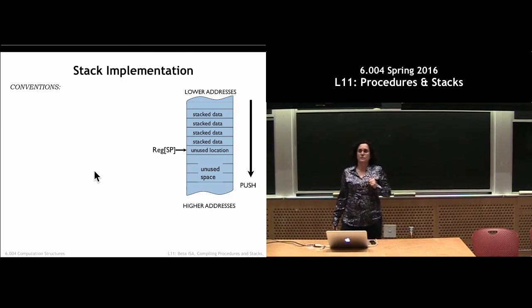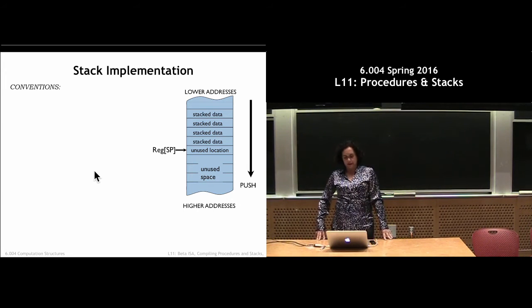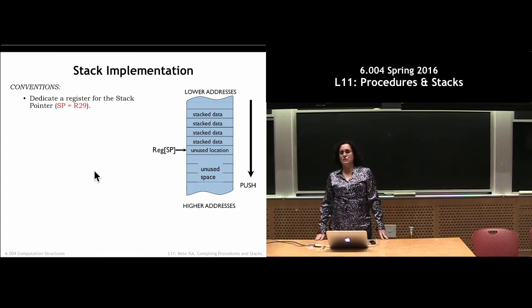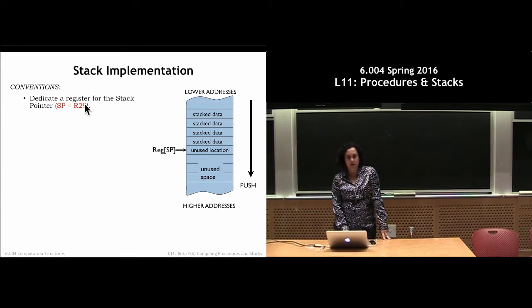Okay, so let's think about what our stack implementation is going to look like. All right, so the first thing that we're going to do is we're going to use another one of our registers for a special purpose. It's going to be called our stack pointer, and we're going to use register R29 in our beta for our stack pointer.